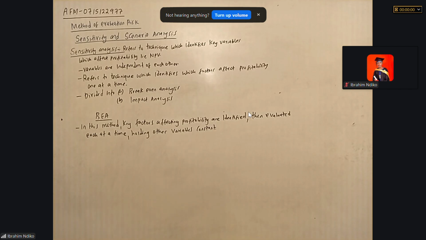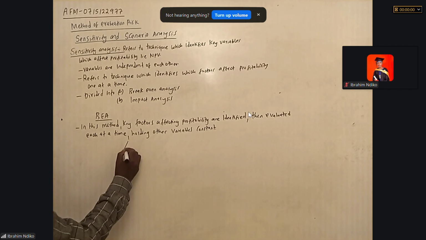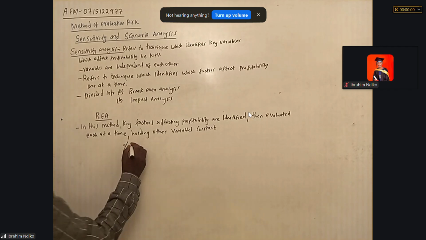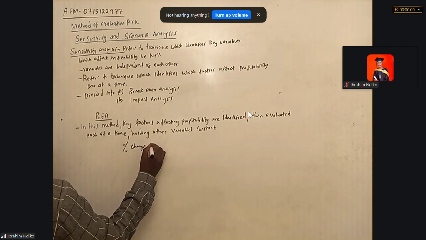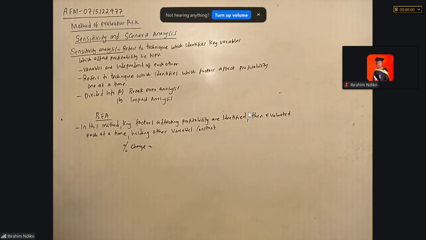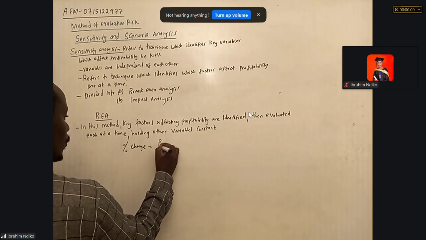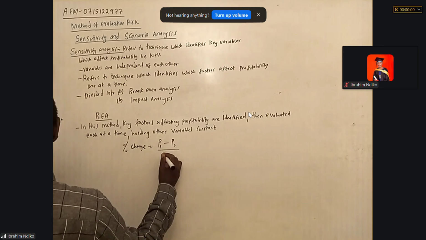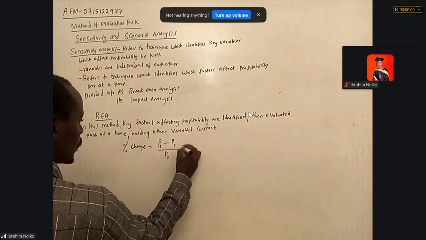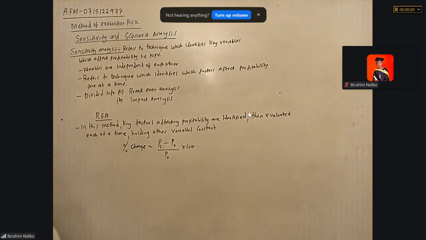Now, percentage change is used to get the change before and after: P1 minus P0 over P0. We shall do a question, don't worry.